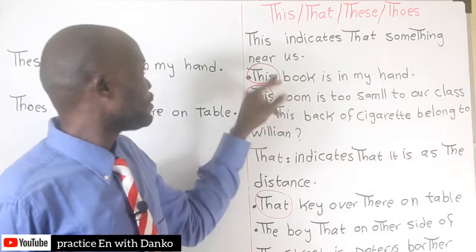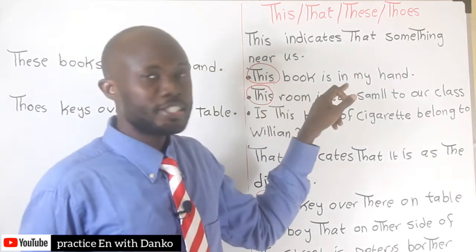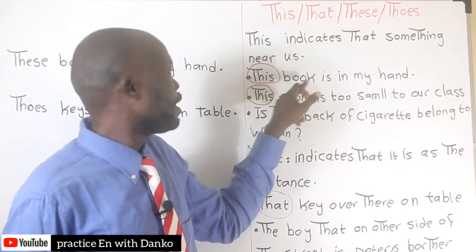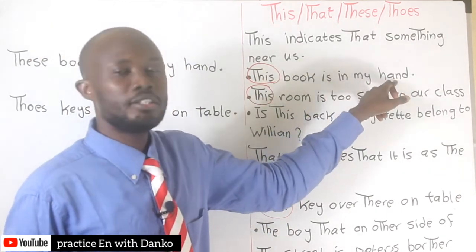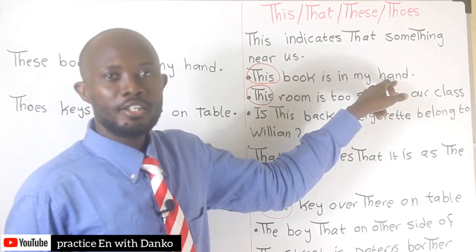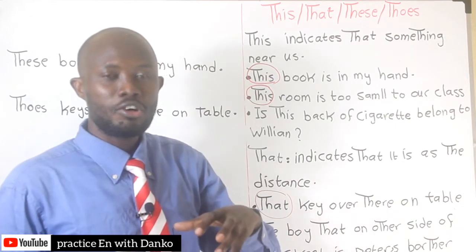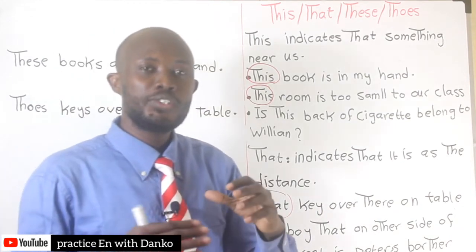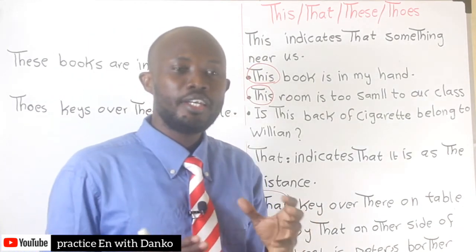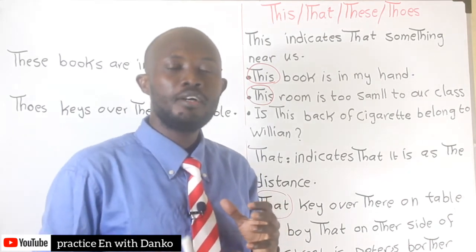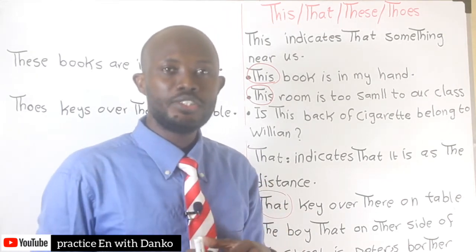For example, in this for singular, we said this book is in my hand. Alright? So if you want to use these also to indicate some things near you, but more than 2. Okay?